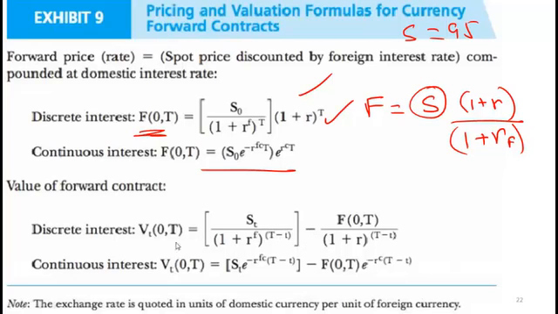Okay, so the value is, the way you can remember this, in general, how have we talked about value? The value is equal to the spot rate minus the forward rate over 1 plus r to the power of big T minus little t. So everybody remembers this. Okay, now let's take the right hand side, f over 1 plus r to the power of T minus t.